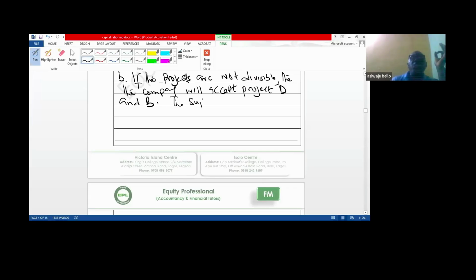The surplus funds, 5 million, can be returned to shareholders.